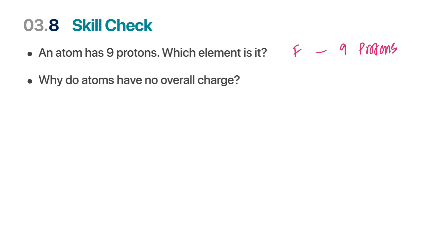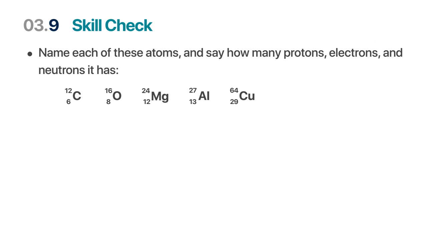Okay, let's move on. All right, so here are some elements mentioned and their nucleon number and their proton numbers are mentioned. Now, sometimes these values are reversed depending on what question you're doing, and if you're looking at the periodic table, like normally when you write it, this is how you write it, like in text, or whenever you see a question, this is how you see it. But on the periodic table, if you notice, these values are reversed. If you look at carbon, it's 6 on the top and 12 on the bottom.